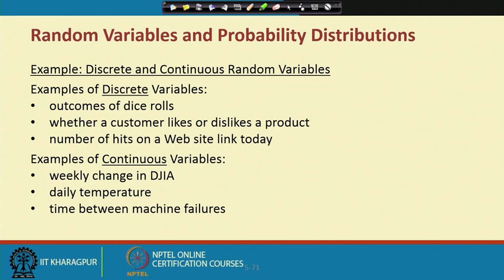Examples of continuous variables are weekly change in a stock, daily temperature, time between machine failures, and time between two policy changes. These are the typical examples through which you can understand discrete and continuous random variables, and accordingly your distribution will be connected. Once you understand whether the variable is discrete or continuous, you can apply the discrete probability distributions or the continuous probability distributions.